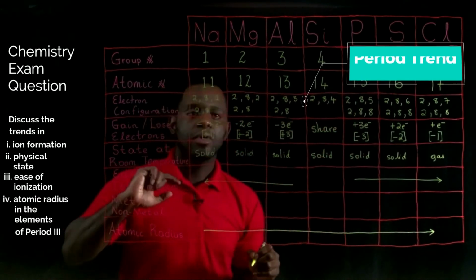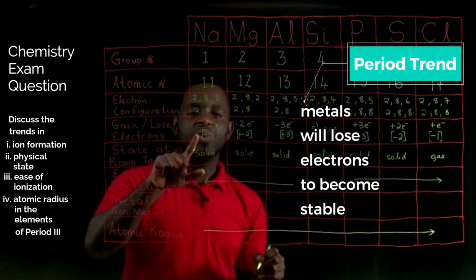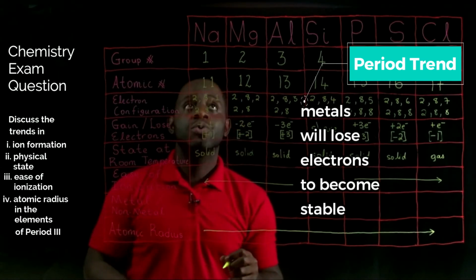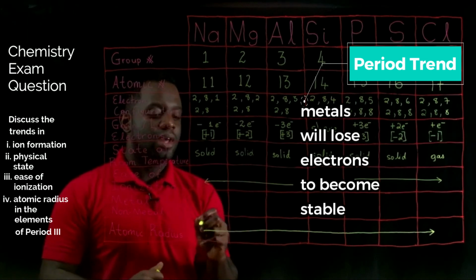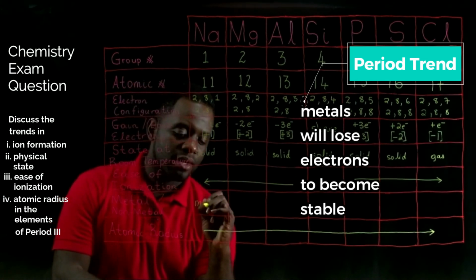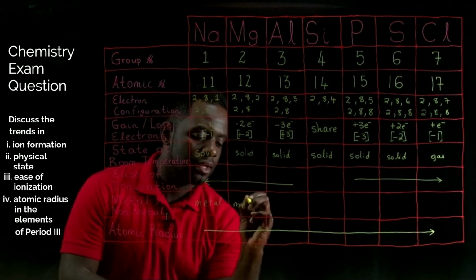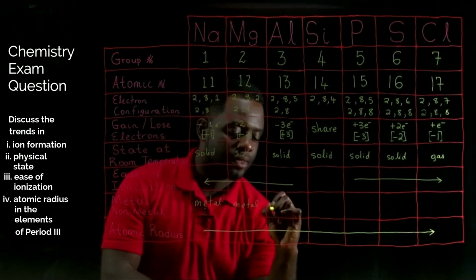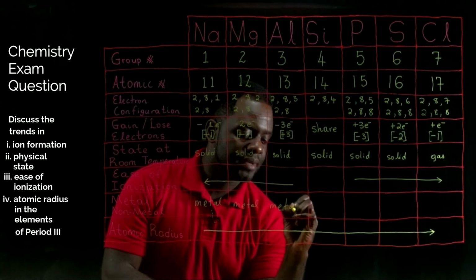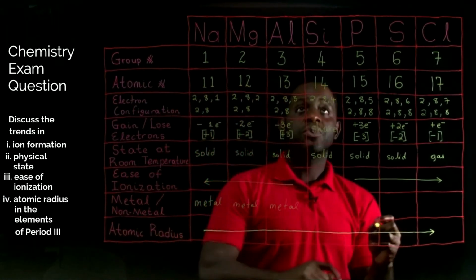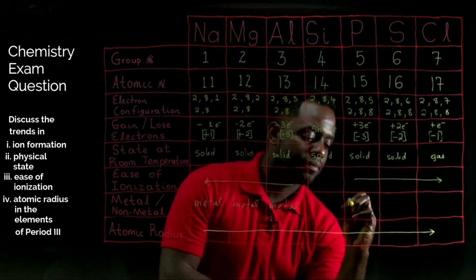Now, metals will lose electrons to become stable, and so that is one characteristic of metals. There are many other characteristics of metals. All of these would be non-metals.